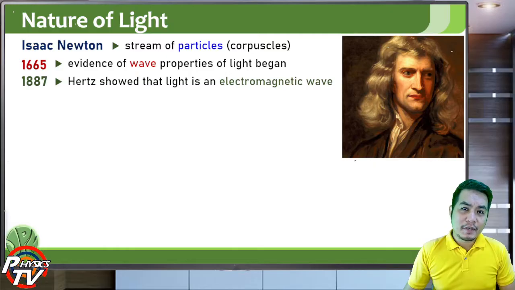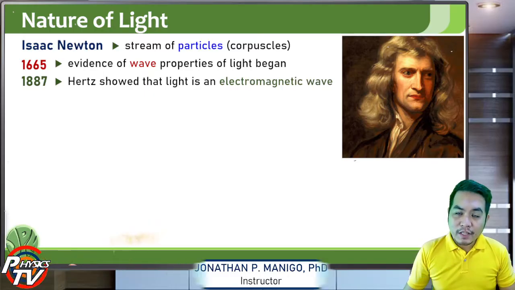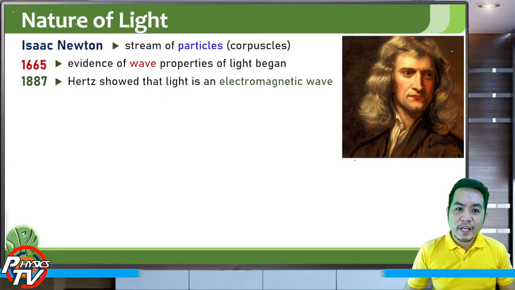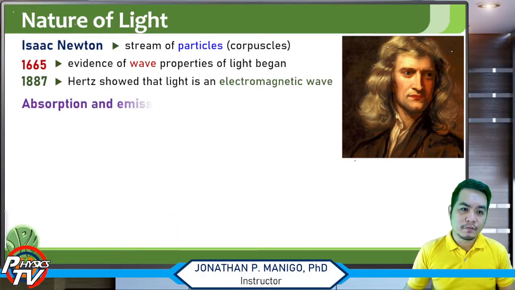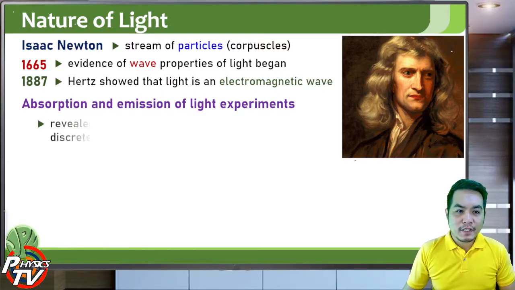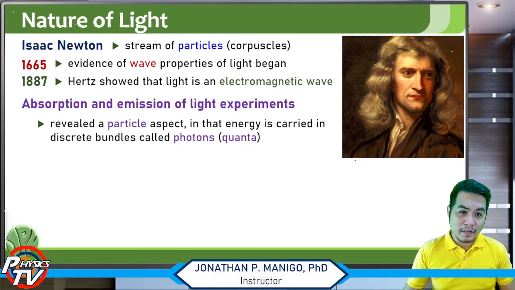In 1887, Hertz showed that light is an electromagnetic wave. So it now adds further to the nature of light that it is indeed a wave. Now, absorption and emission of light experiments revealed that light is also a particle.